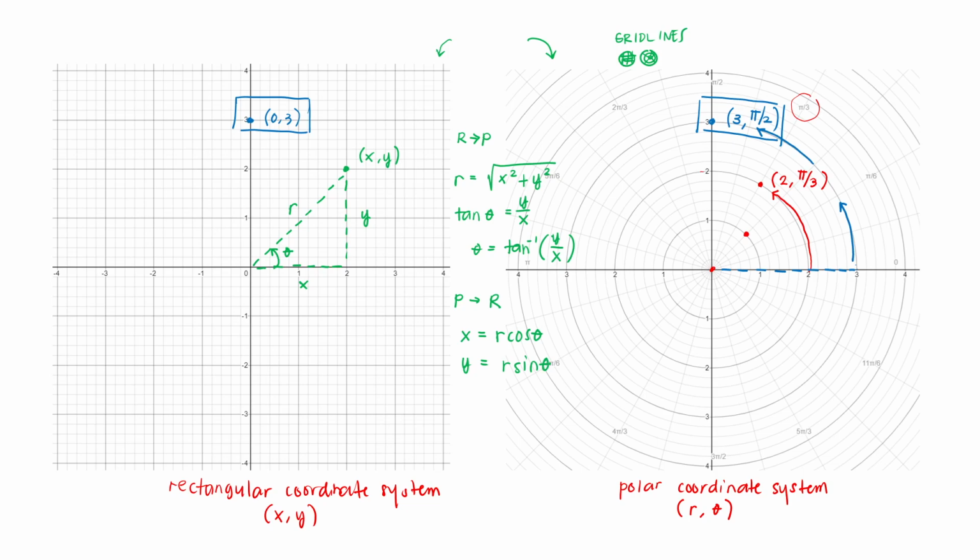I think it's very understandable why it's cosine for x, because that is adjacent side all over hypotenuse. And then the y component will be the sine function because it's opposite side all over the hypotenuse.